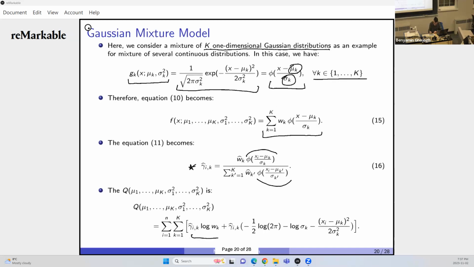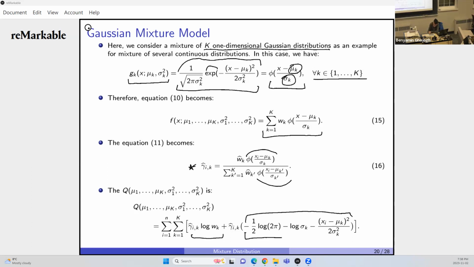So this is gamma log of w as before. This is gamma log of g, and it becomes simple. Why? Because g is a Gaussian distribution. It has an exponential operator, and it cancels out with the logarithm. So we have the logarithm of this times this. The logarithm of a multiplication becomes a summation of logarithms.